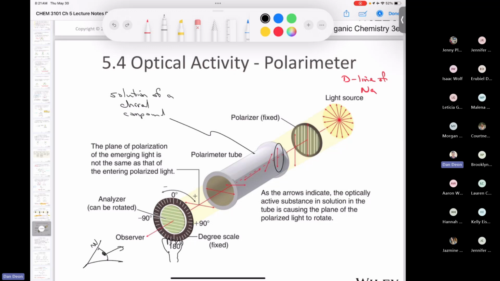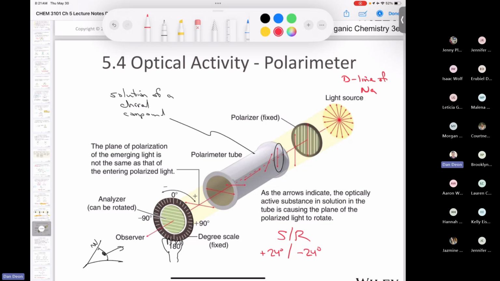If you have an S compound versus an R compound, two compounds that are enantiomers, and I'm just pulling a number out of the air, let's say your S compound rotates the plane polarized light positive 24 degrees. Here's the consequence: the R compound is going to rotate the plane polarized light 24 degrees in the opposite direction. And that's how you tell enantiomers apart.